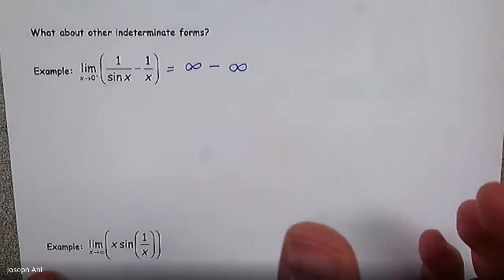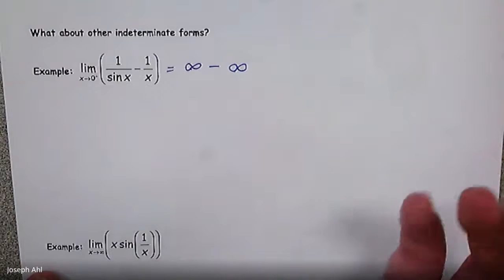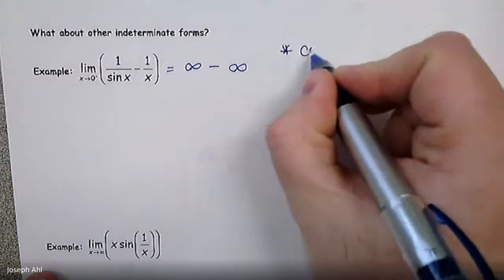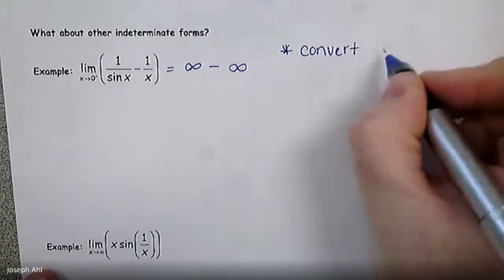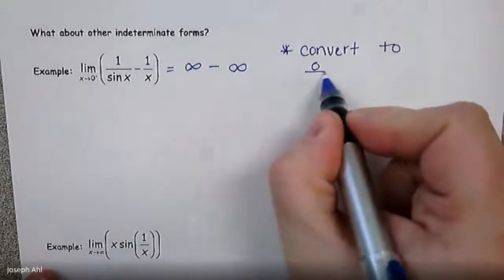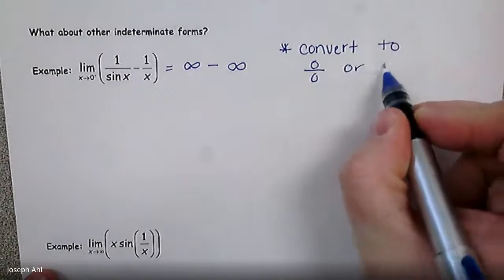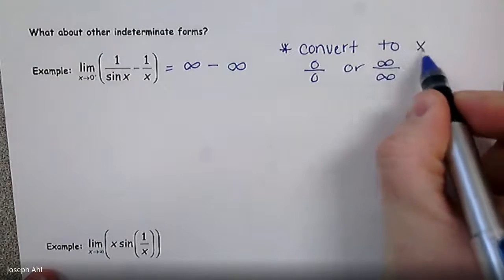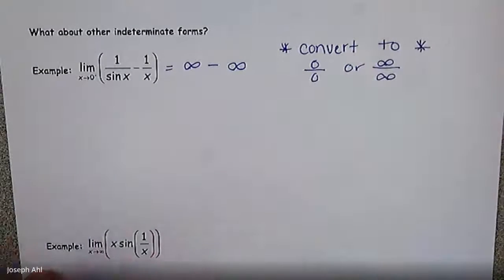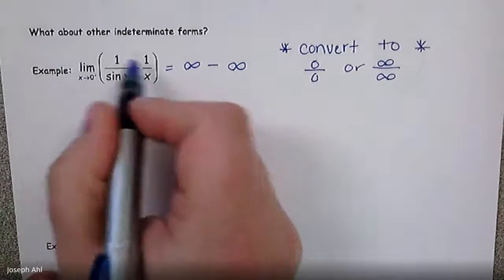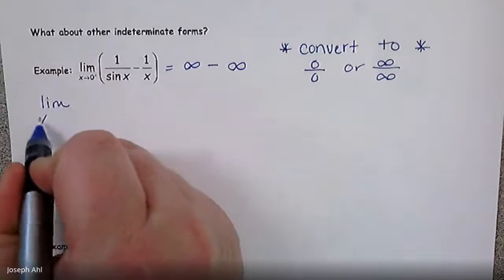So if we're not quite sure what that would turn out to be in the end, what we're looking to do is convert to get a 0 over 0 case or an infinity over infinity case. If we can do one of those conversions, then we can apply L'Hopital's rule and hopefully evaluate the limit there. So if I were to get this into one fraction, that's kind of a trick here.